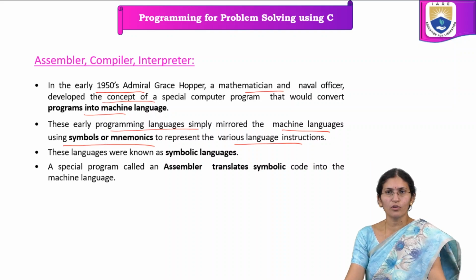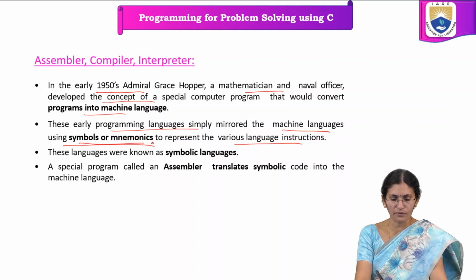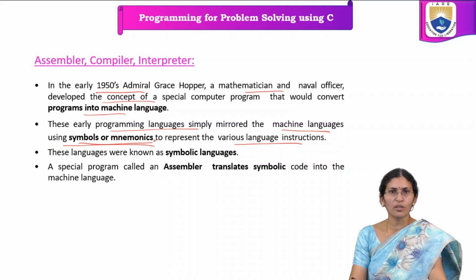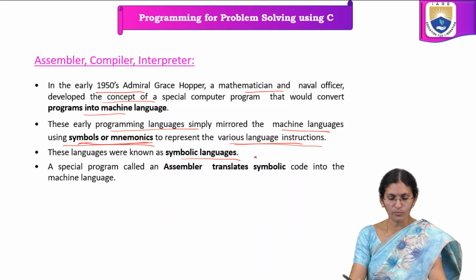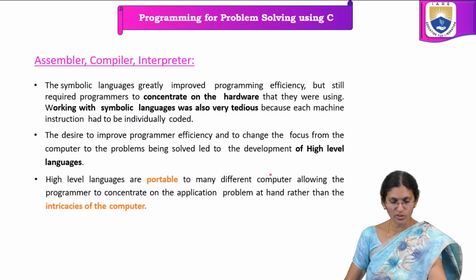The next evolution was symbolic language, so called because symbols were used. A special program called an assembler translates the symbolic code into machine language.